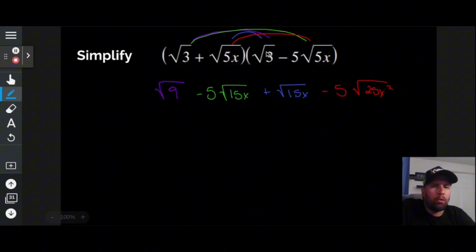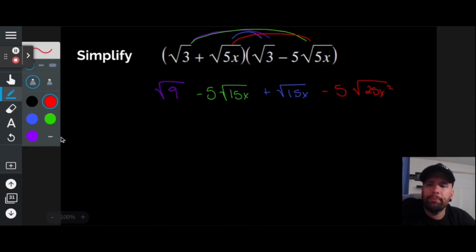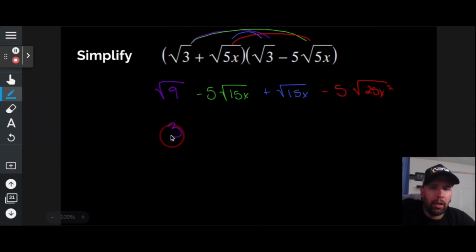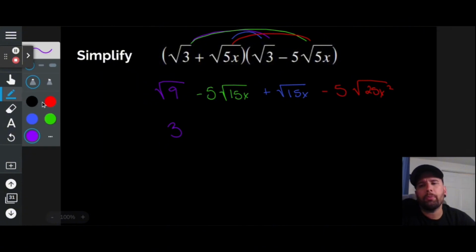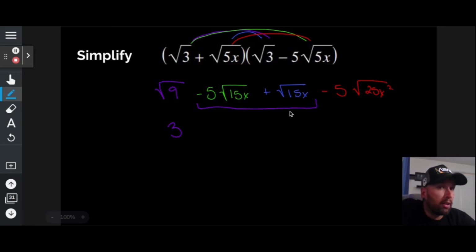Root 3 times root 3, when you square a square root, they just disappear and you end up with 3, right? I wanted to show everything and make sure everybody's good with that. There's nothing I can do with root 15x. So negative 5 plus invisible 1 is going to be negative 4, and then root 15x just comes along for the ride. And then I have negative 5 times, wait a minute, the square root of 25 is 5, and the square root of x squared is x, so that's 5x.